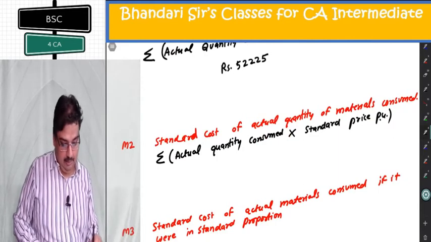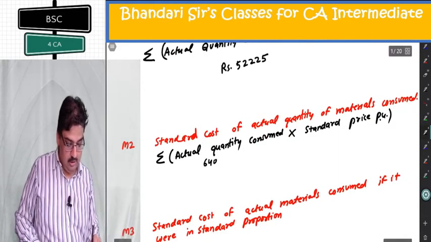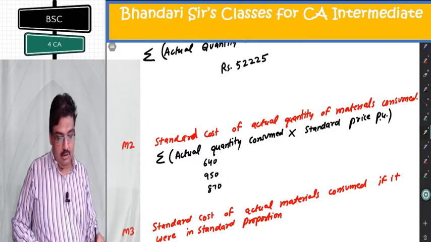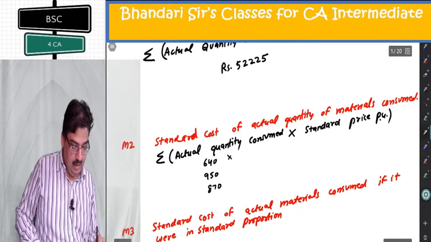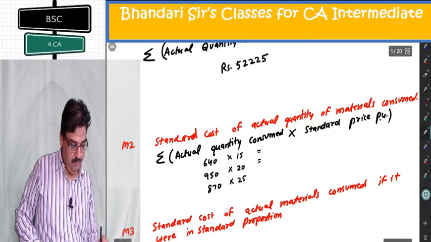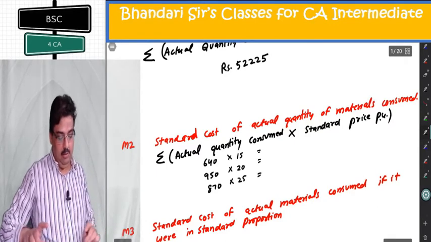M2 I need to calculate: 640, 950, 870. This is to be multiplied with standard rates 15, 20, 25. Multiply and add, you will get M2.